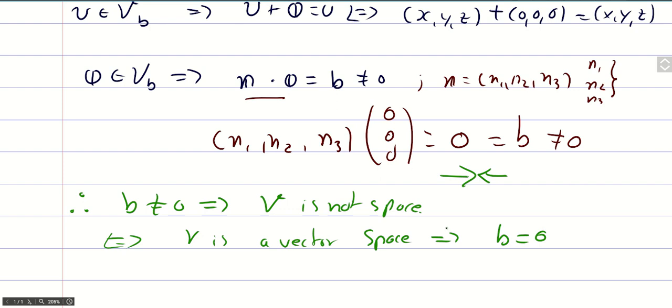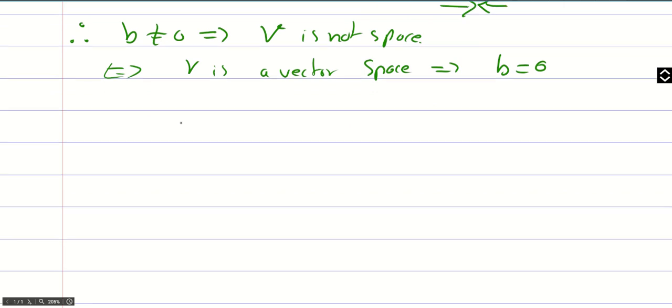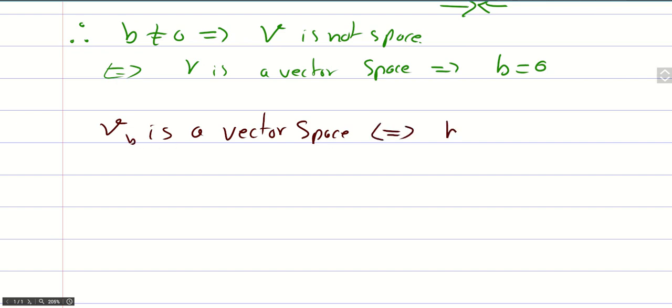Okay, so that's proof of one part of the double implication. Remember that we claim that V is a vector space if and only if b is equal to 0. So we have proved this direction.